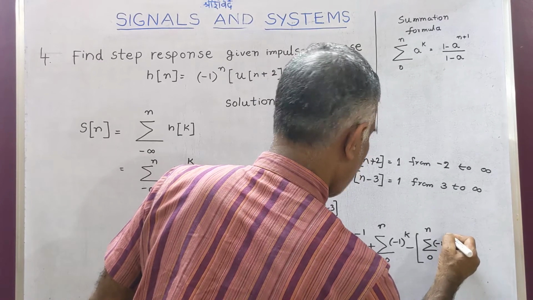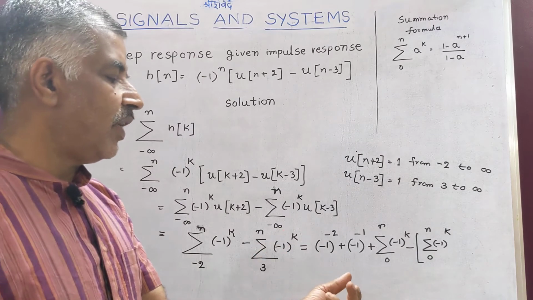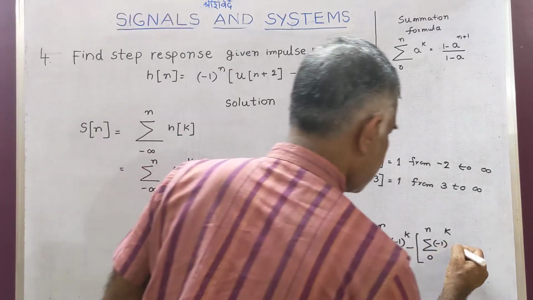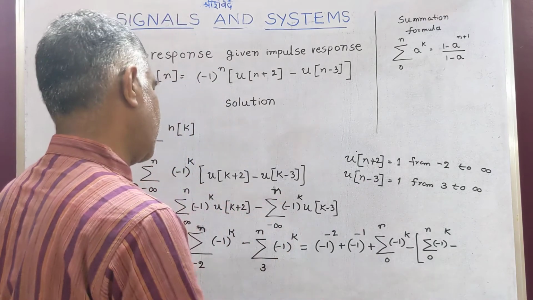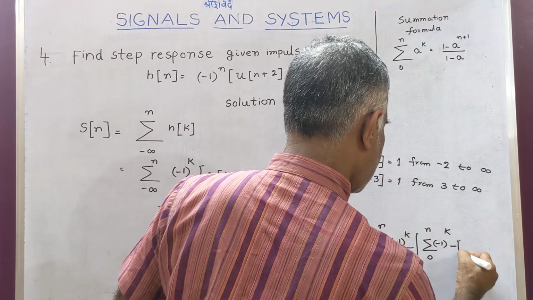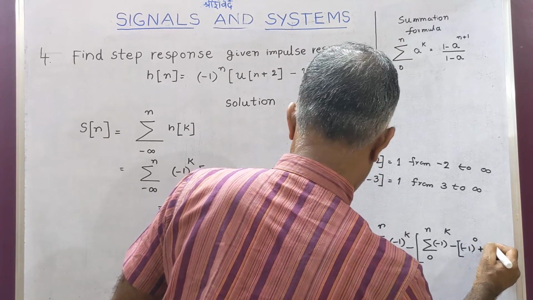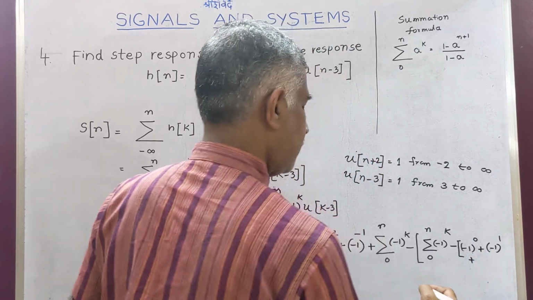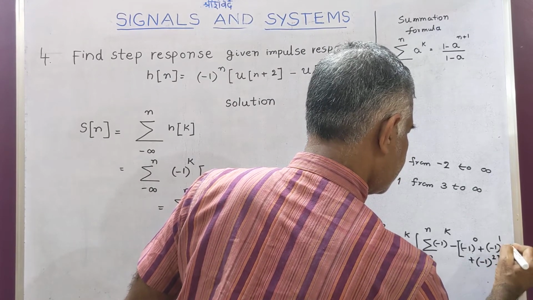Minus 1 to the power of k. Now I have taken the excess terms, n equal to 0, n equal to 1, n equal to 2. Therefore, I will subtract them. It is from 3 to n, but I have taken from 0 to n. Therefore, minus 1 to the power of 0 plus minus 1 to the power of 1 plus minus 1 to the power of 2.